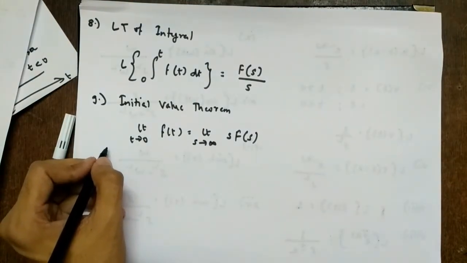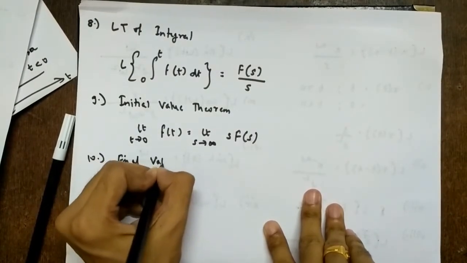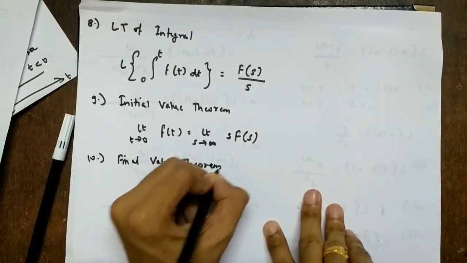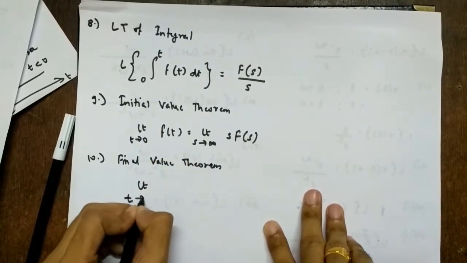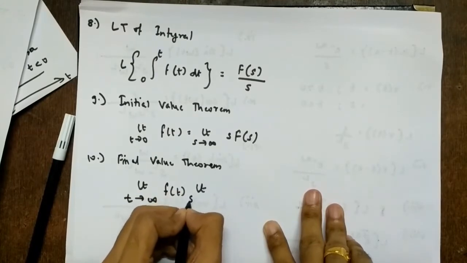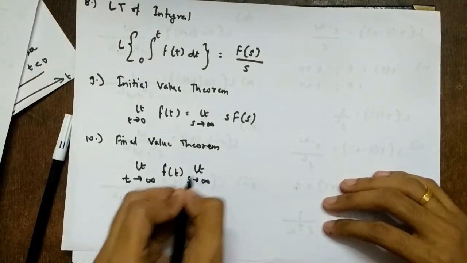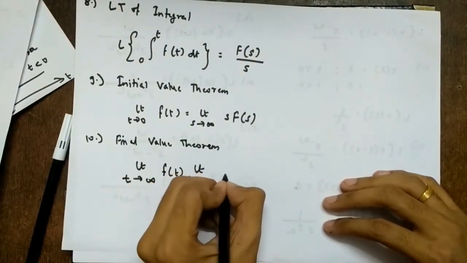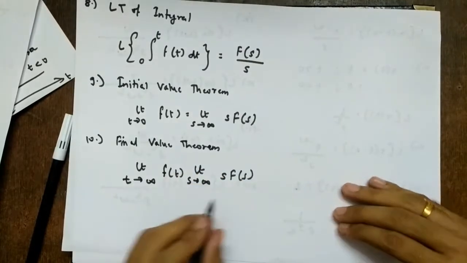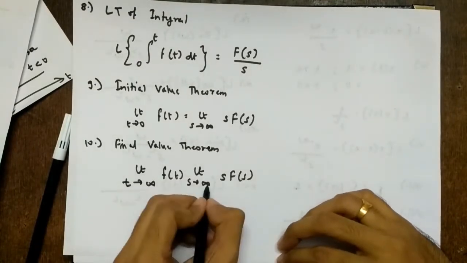Next we have the final value theorem. It is given as limit of t tends to infinity, since this is the final value, of f of t, equals limit s tends to, sorry, this is s tends to 0, of s F of s.